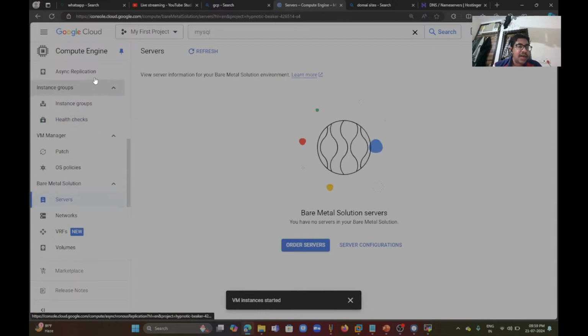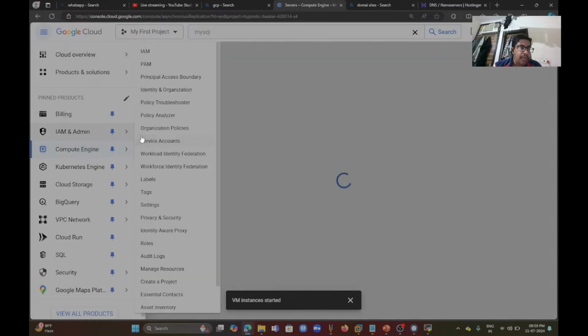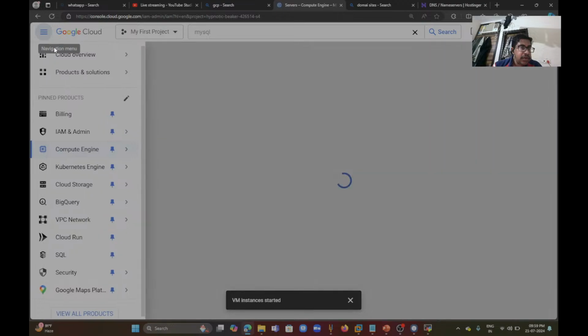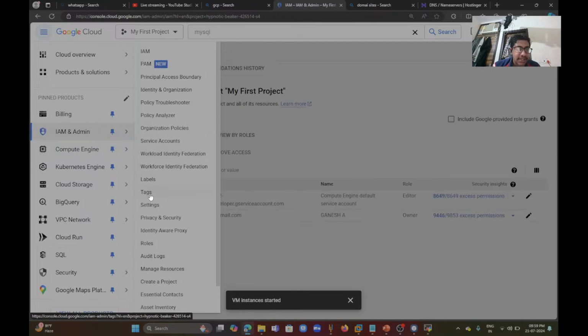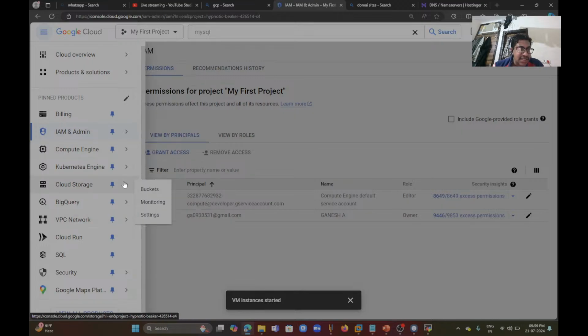After this, these are the components of IAM admin. The IAM admin consists of organization policies, service accounts, the VPC, billing, and everything. Cloud storage, buckets, monitoring.